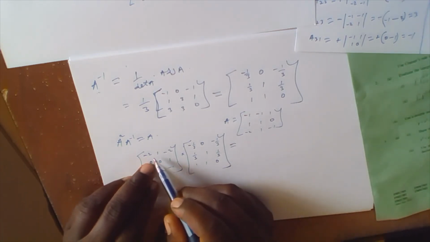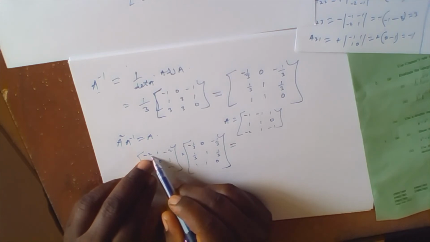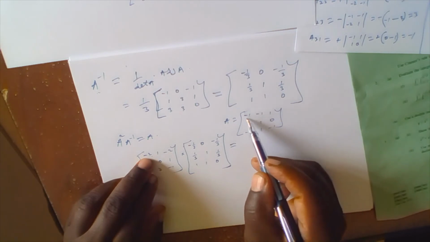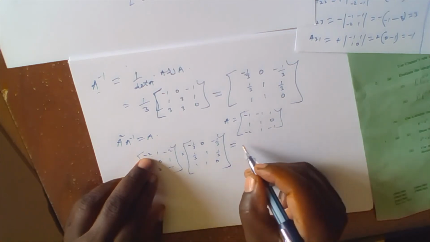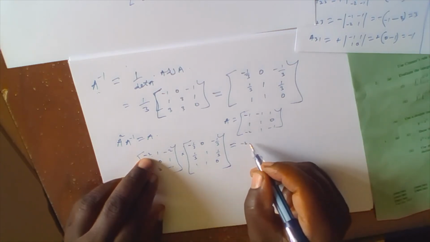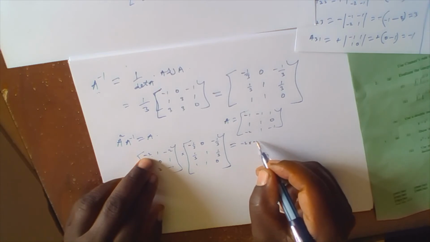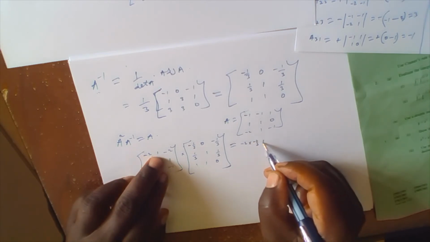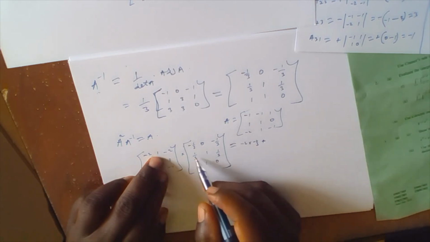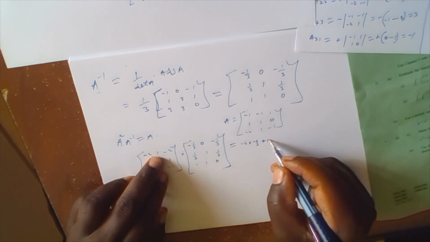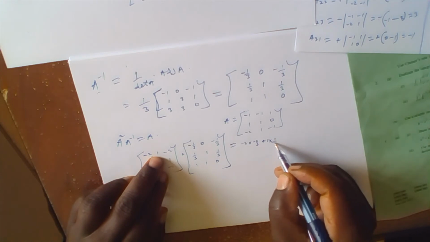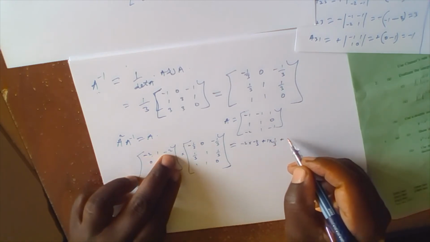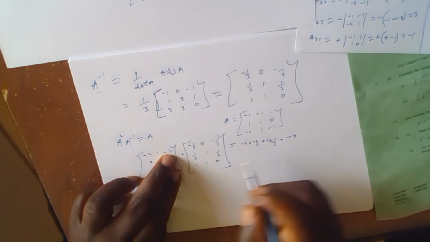Now we shall have negative 2 times. So we want to get this first element. We shall have negative 2 times negative 1 all over 3, plus 1 times 1 all over 3, plus negative 2 times 1.